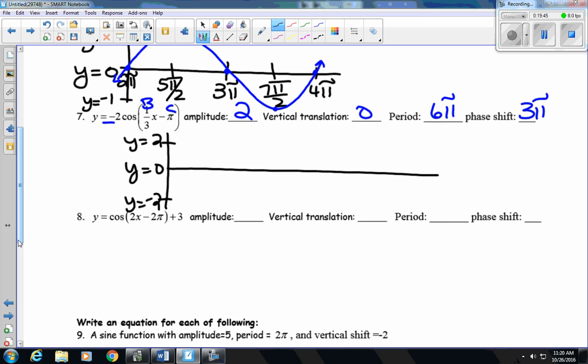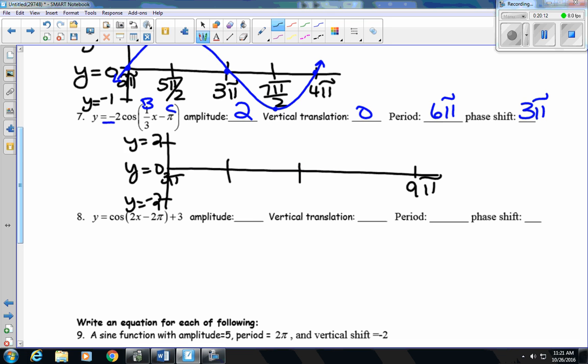What is my starting point? 3 pi. What's my ending point? 9 pi. It's not 6 pi. That's a mistake I see often, people just apply whatever the period is to the end, but it's period plus phase shift equals ending point. So this is 9 pi.